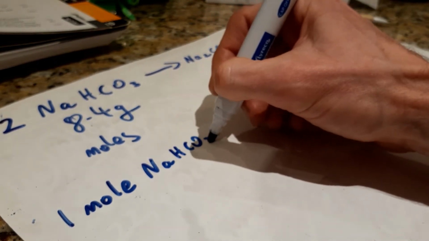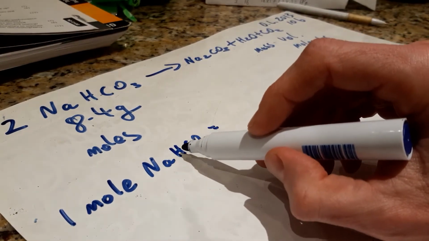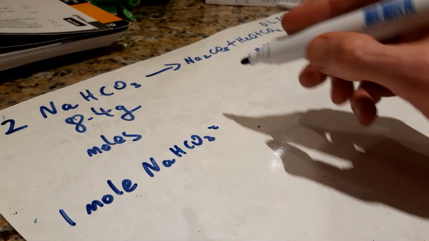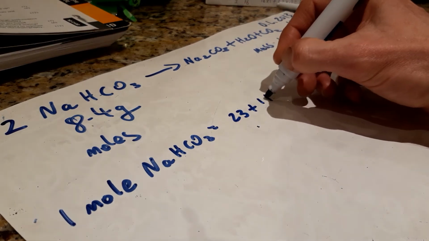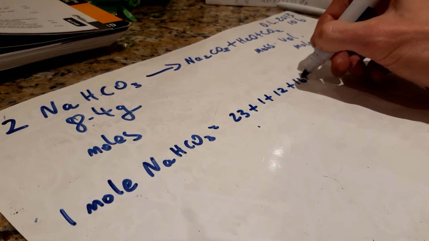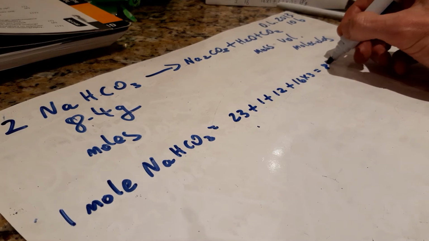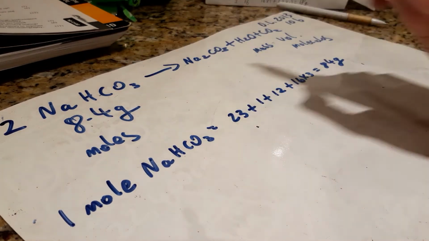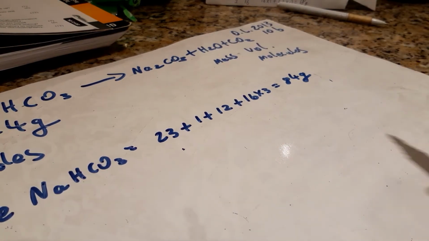We use the molar mass of 1 atom of sodium, 1 atom of hydrogen, 1 atom of carbon, and 3 atoms of oxygen. So that's 23 plus 1 plus 12 plus 16 times 3, which gives 84 grams. So 1 mole of sodium hydrogen carbonate, 6 by 10 to the 23 particles, has a mass of 84 grams.